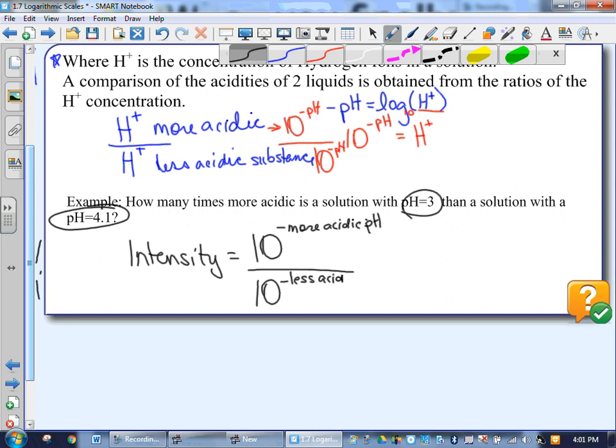Which one's more acidic? Well, the pH of 3. So 10 to the power of negative 3 divided by 10 to the power of negative less acidic, which is 4.1.